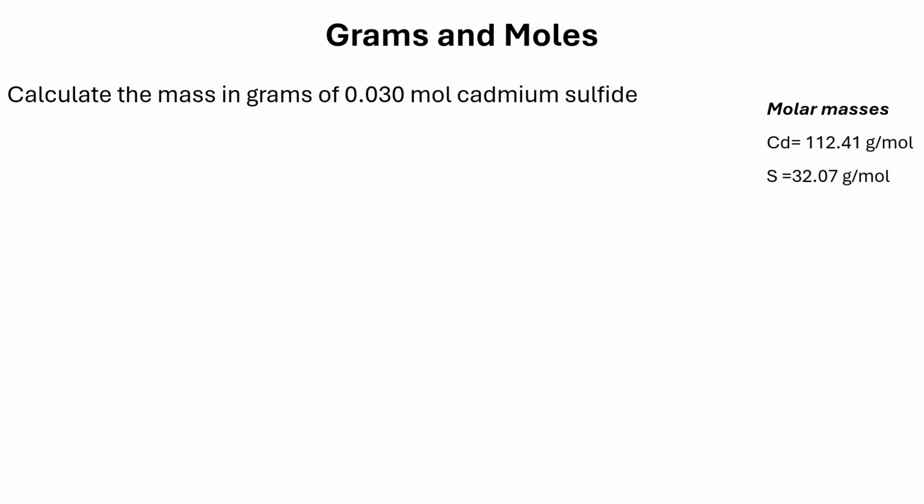Calculate the mass in grams of 0.030 moles of cadmium sulfide. So in this question, you are given number of moles, and we are going to convert that into grams. To do that, we will use the molar mass of cadmium sulfide as the conversion factor. Let's calculate the molar mass.